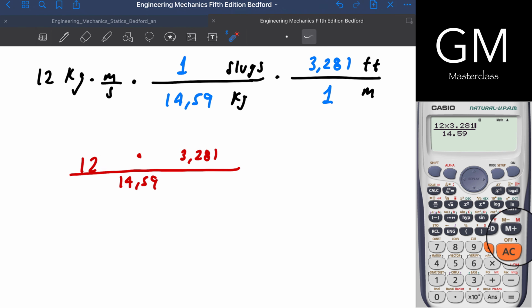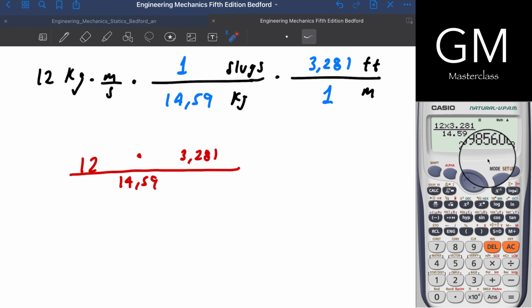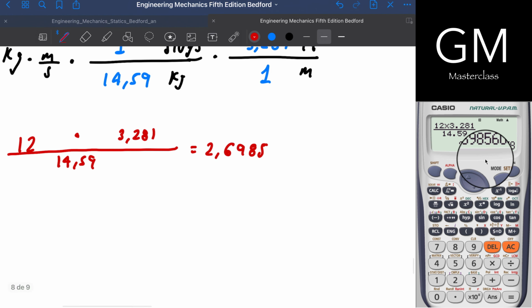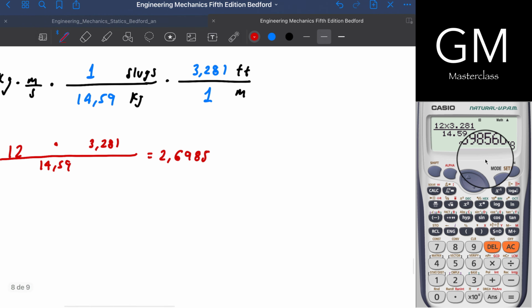Alright, now the result is 2.6985. I'm going to use 4 significant digits after the point. And the units are slugs multiplied by feet per second.